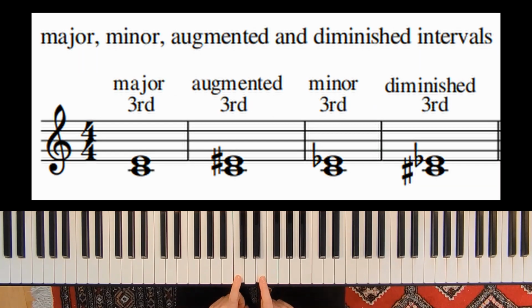C to E is a major third, C to E sharp would be an augmented third, C to E flat would be a minor third, and C sharp to E flat would be a diminished third.